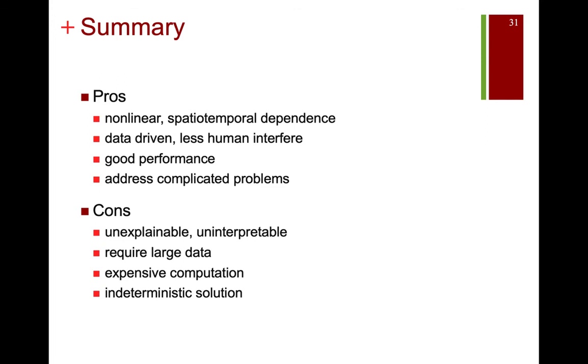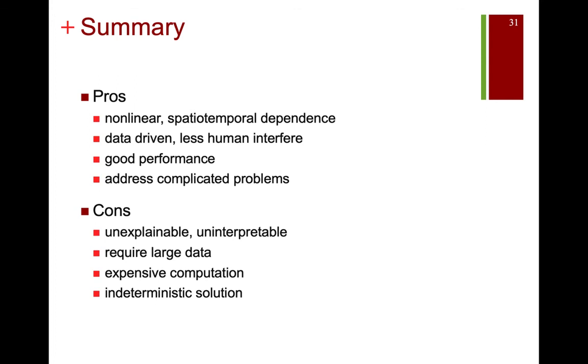And these kinds of models are completely data-driven models. We don't need to have too much prior knowledge about the data set or the rationale of the problem. So it requires less human interference.